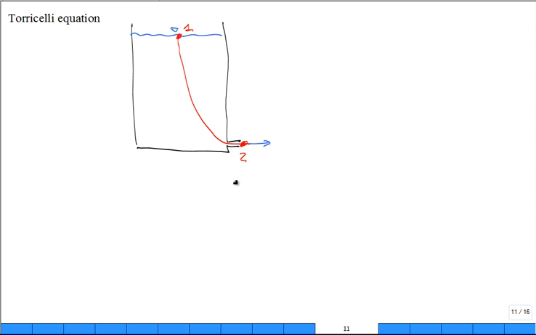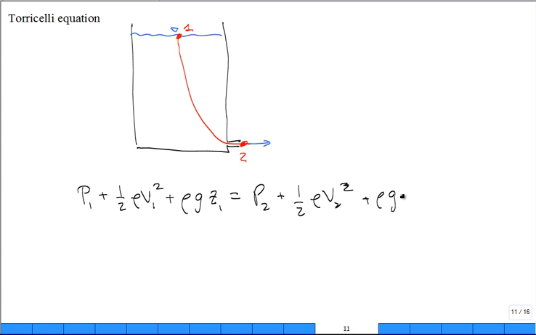Okay, so it's incompressible, inviscid, steady, along a streamline, no heat, no work. And so Bernoulli's equation, we apply it, and we say that the pressure at 1 plus 1/2 rho v1 squared plus rho g z1 is equal to the pressure at 2 plus 1/2 rho v2 squared plus rho g z2.